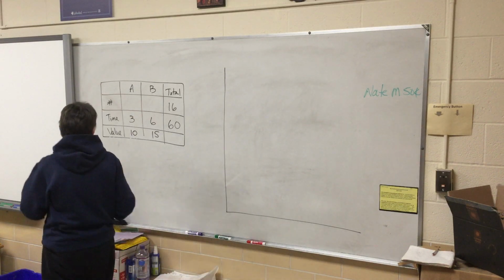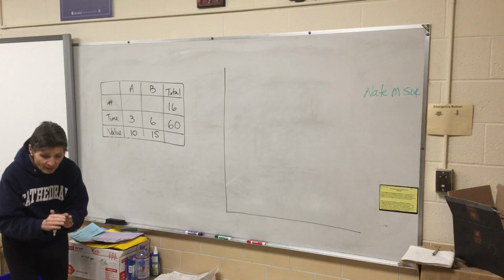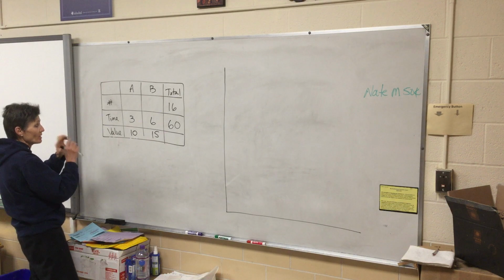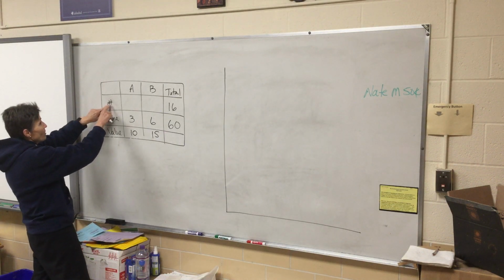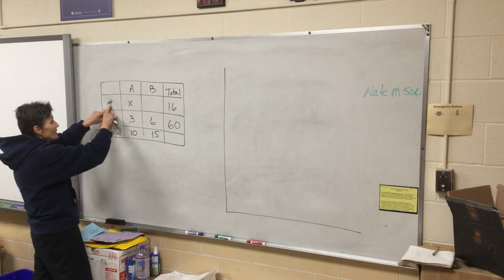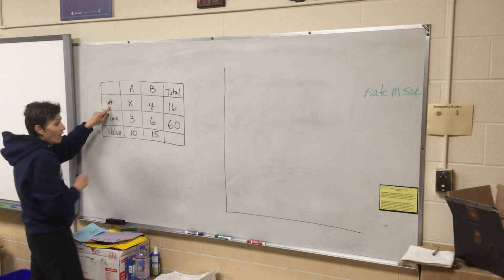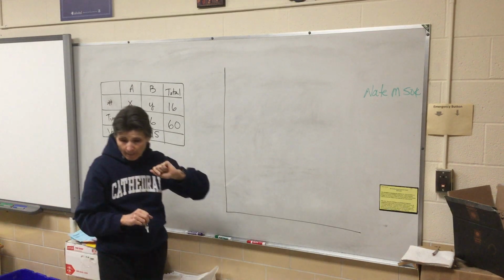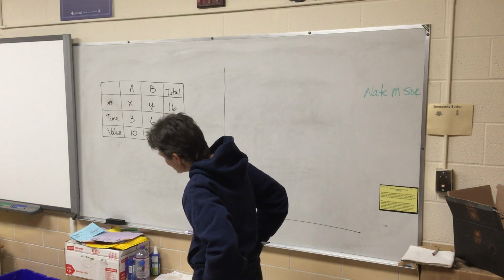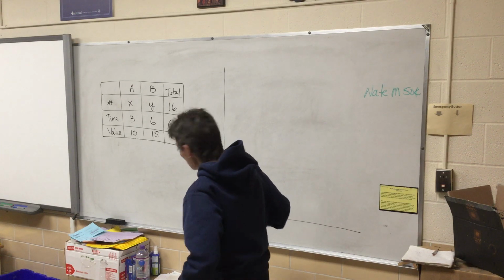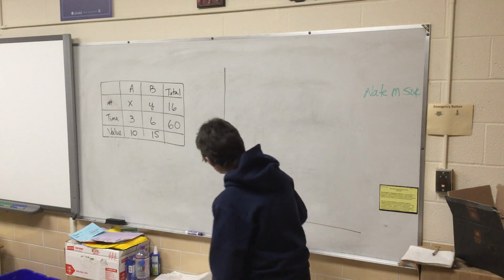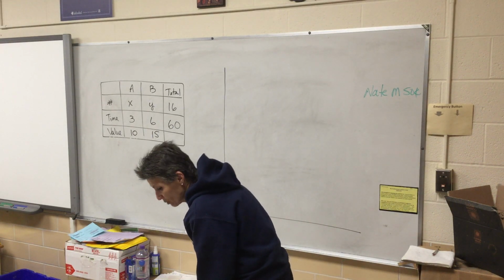All right, so the question, how many items of each type, tells you what your variables are. The number of question A's we're going to call X, and the number of question B's we're going to call Y. Now, you can call them A and B. It doesn't have to be X and Y, but since I'm going to be graphing these, I think I'll use X and Y because that's my normal graph setup.